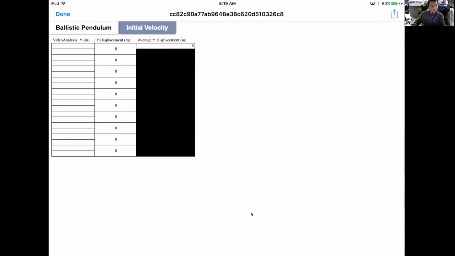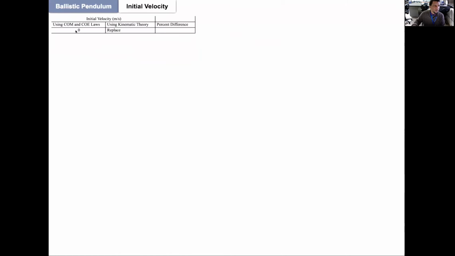All right, so you'll see that the only real thing that we're going to need is this y here. And you'll see we have our initial velocity. Initial velocity is going to be calculated using the conservation of momentum and the conservation of energy laws. And then we're going to replace this with the initial velocity that we found using kinematic theory.